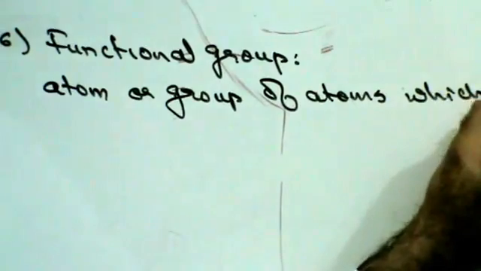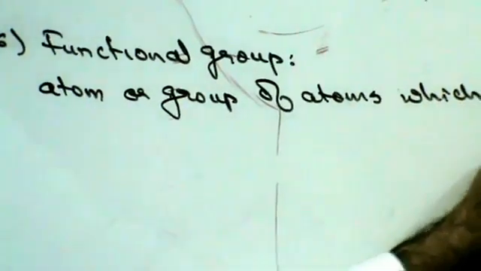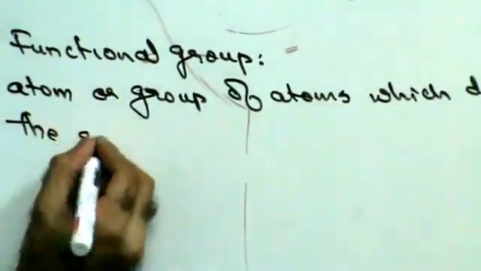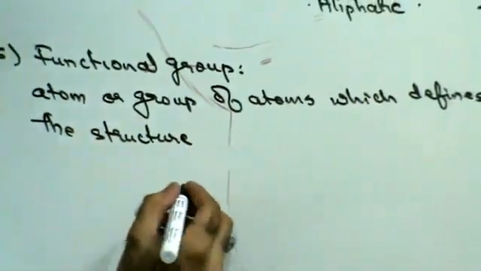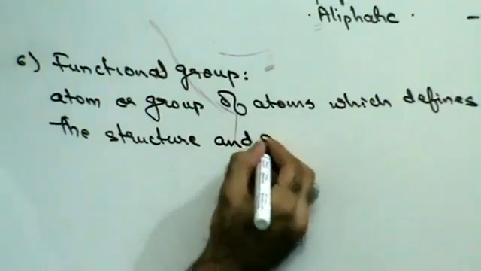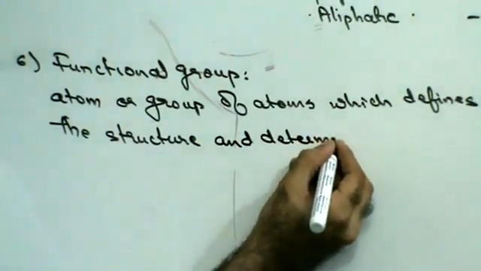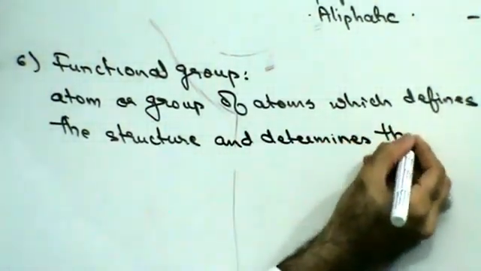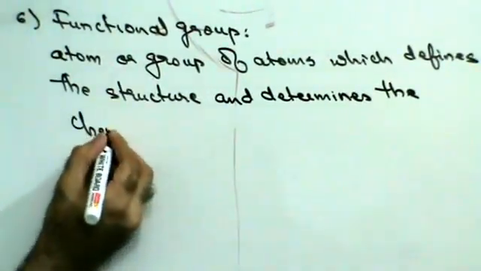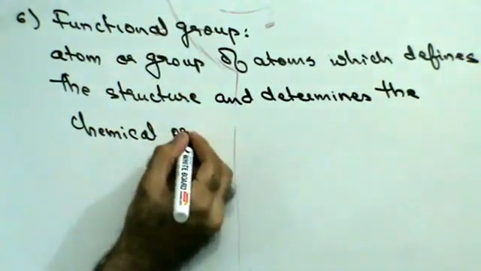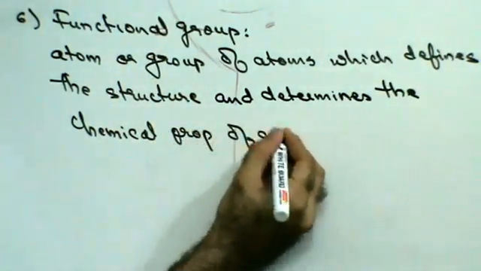It is an atom or group of atoms which defines the structure and determines the chemical properties of a particular class.